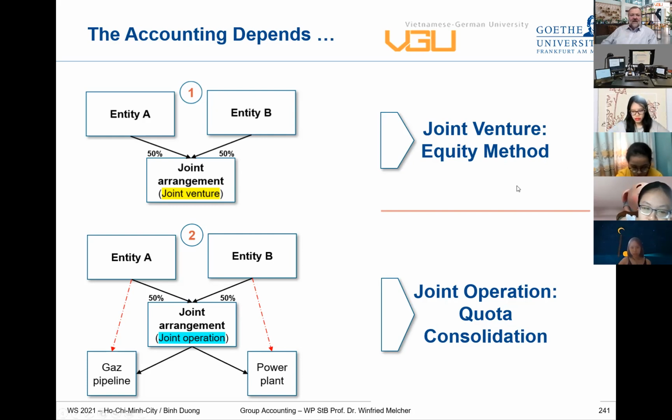So we already know this method, so we don't have to look into an example for that because it is the same thing. When we have a joint arrangement which is a joint venture, we will use the equity method. If we have a joint operation, we will use the quota consolidation for those kinds of contracts. So what is a quota consolidation?